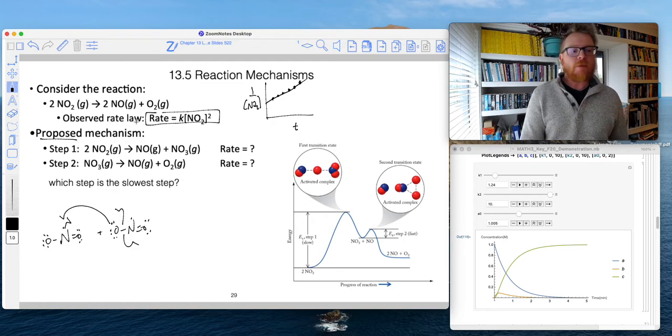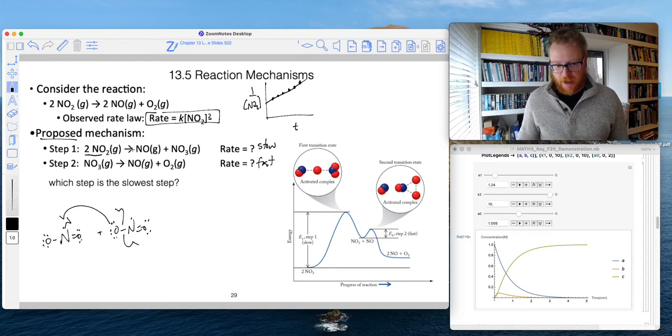Well, because someone observed the rate law to be k[NO2]^2, that square means second order, which also means bimolecular. And so here we can see two NO2s right there. So this would tell us this has to be the slow step and this has to be the fast step, because that slow step is giving us the rate determining step.